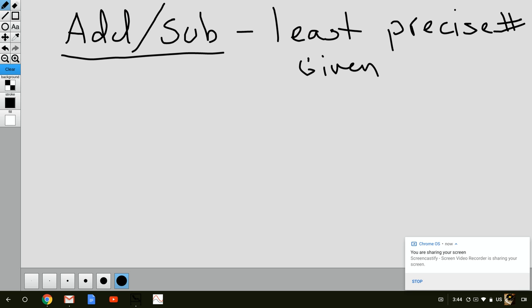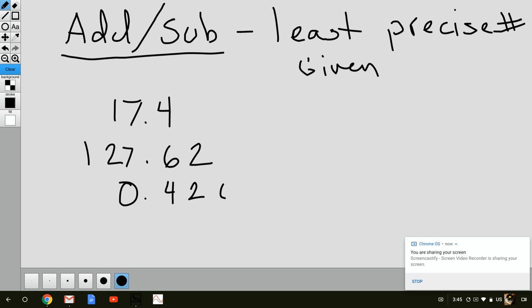So let's say I have three numbers I want to add. I have 17.4, 127.62, and then 0.420.